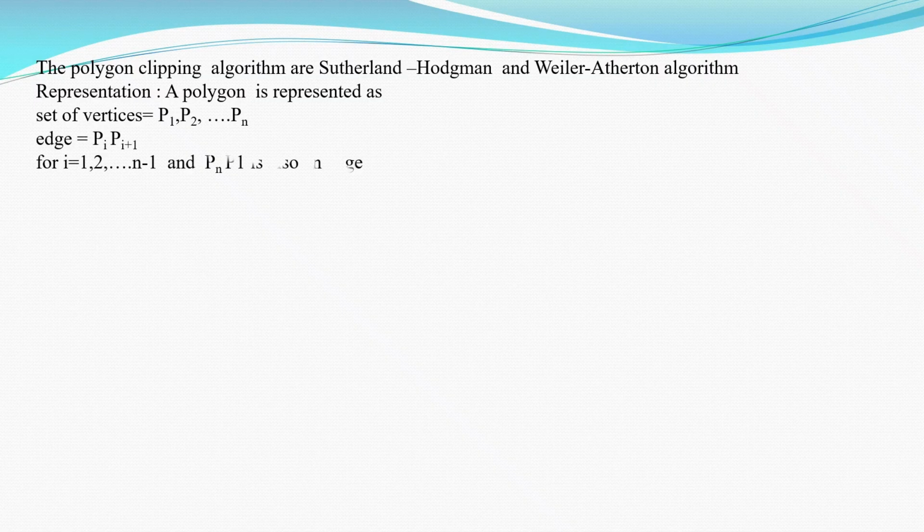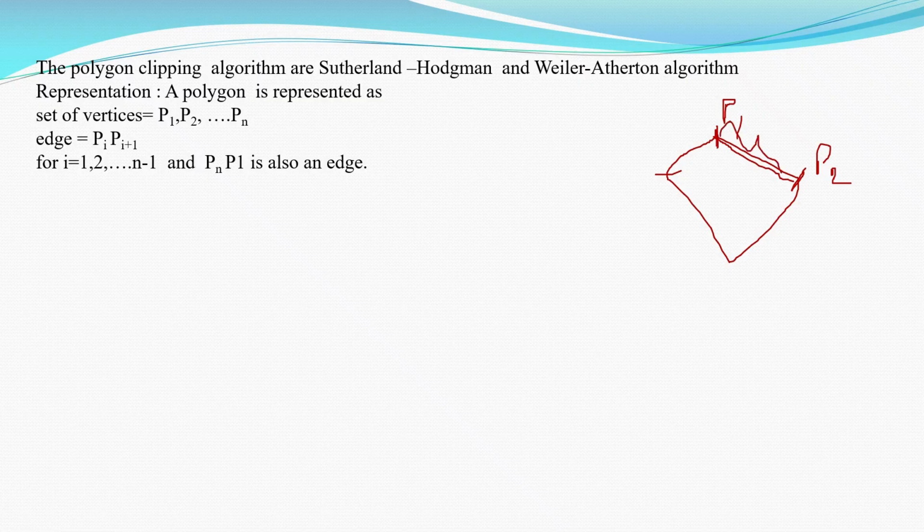The edges are from P1 to P2, that is, a line joining two vertices is called an edge. So an edge is P of i to P of i plus 1, for i going from 1 to n minus 1.